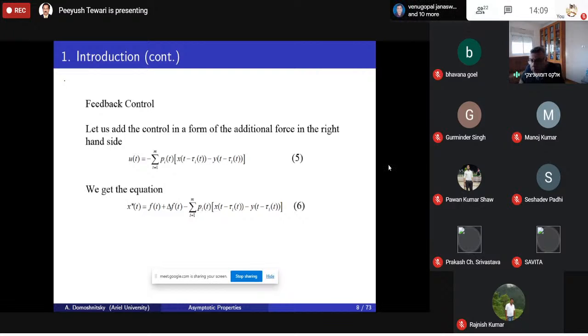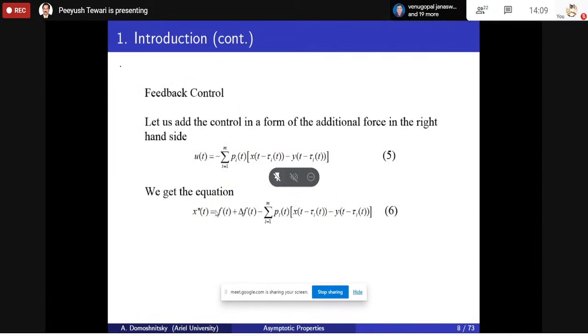F we know, y we know, delta f is the corresponding change in the right hand side, and we don't know it exactly, but we know that it is sufficiently small, and we have to analyze the second order equation. Next, please.